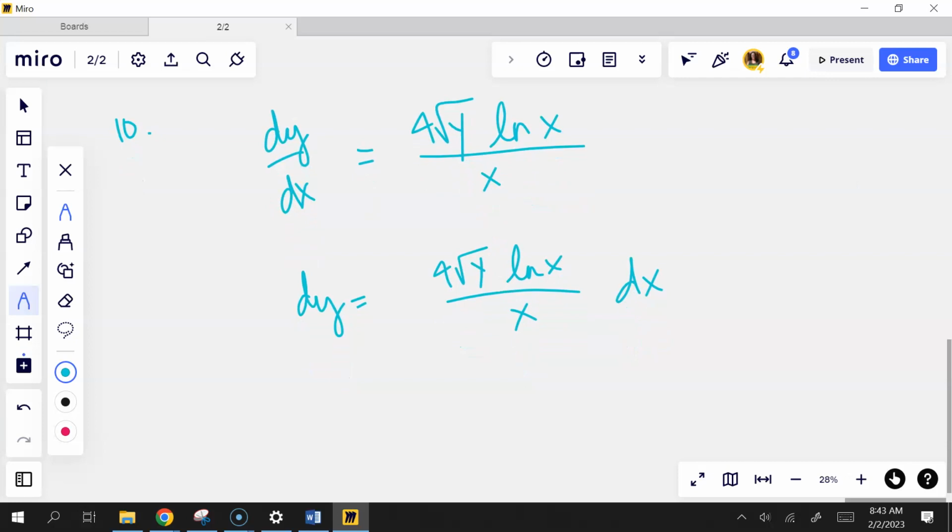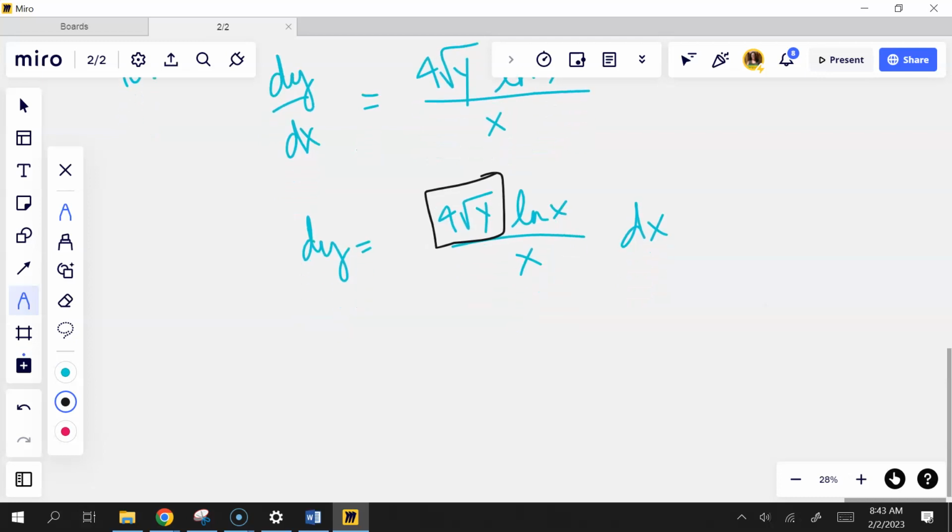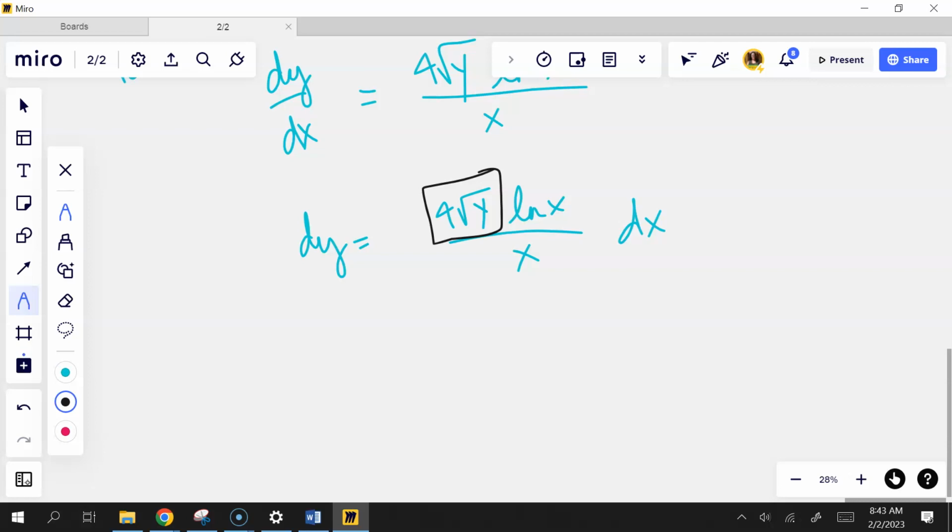Now what's the problem? I could move that whole 4, or I could just move the square root of y. It doesn't matter. Just do the y. Okay. So let's divide by square root of y.